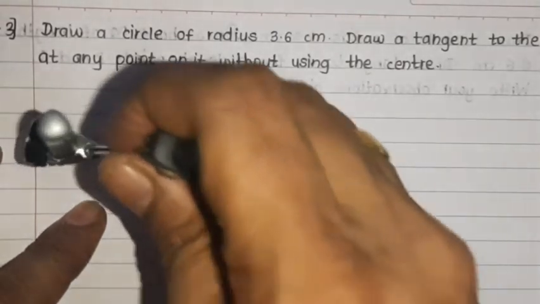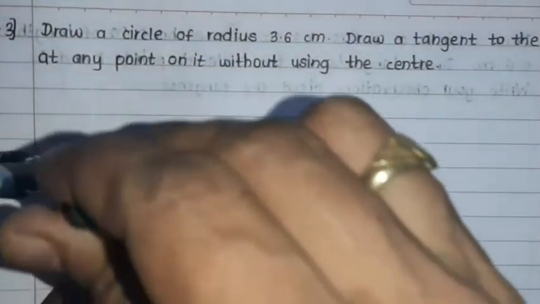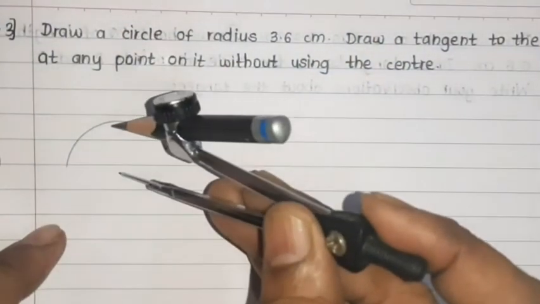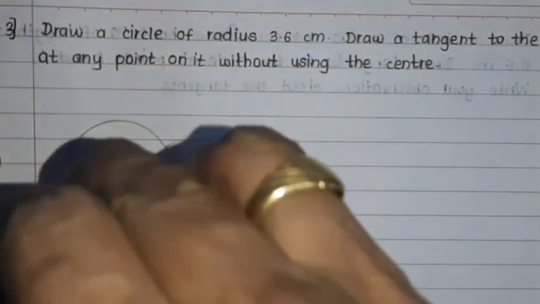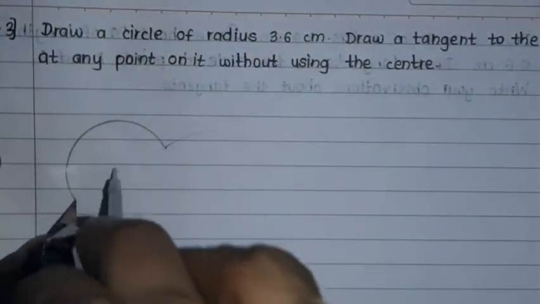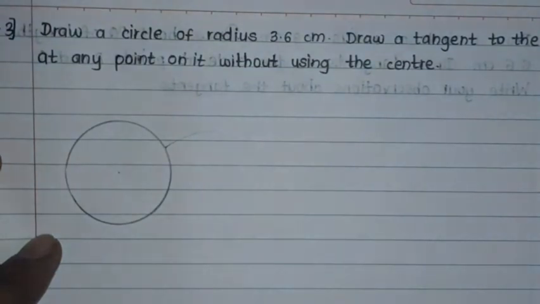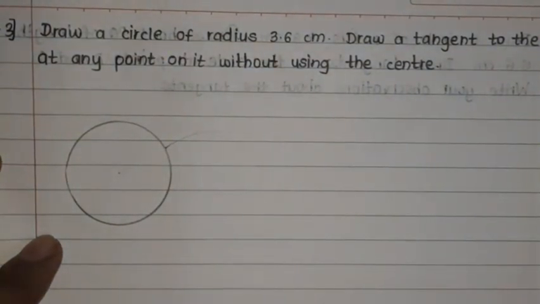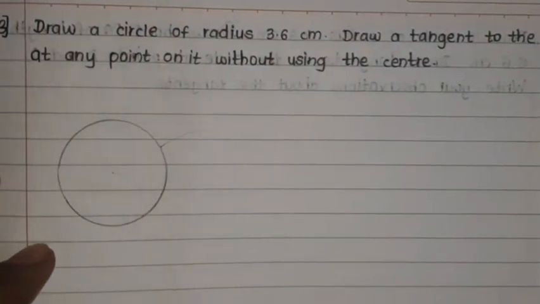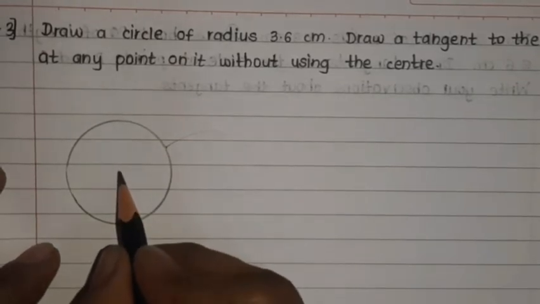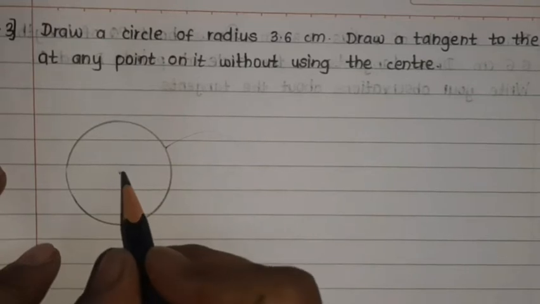We have to draw the circle of given radius, but we do not use the center.